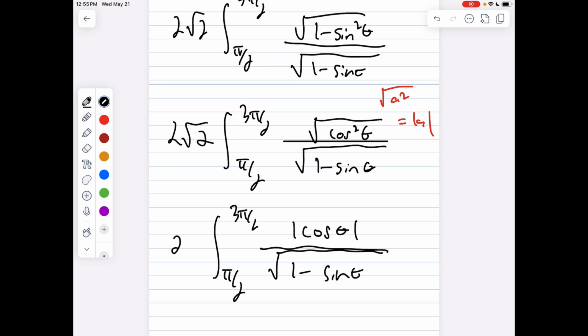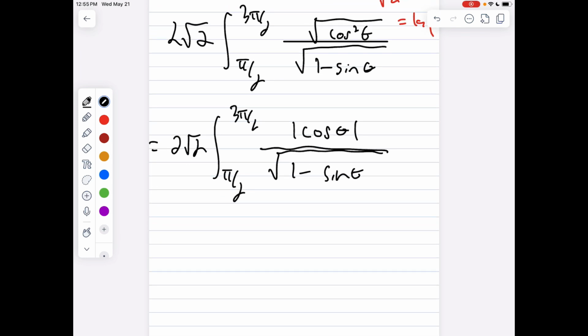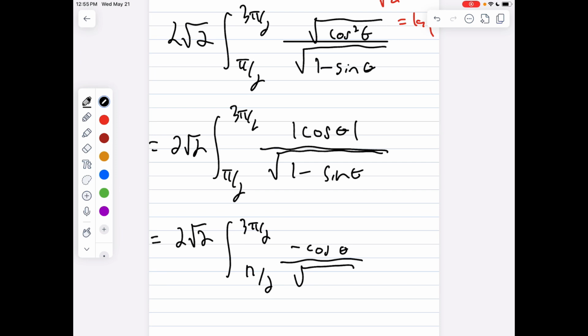Now, the absolute value is a bit of a hindrance, but we can get rid of it. The function cosine is negative from pi over 2 to 3 pi over 2. So this integral turns into 2 root 2 times the integral from pi over 2 to 3 pi over 2 of negative cosine theta over the square root of 1 minus sine theta.